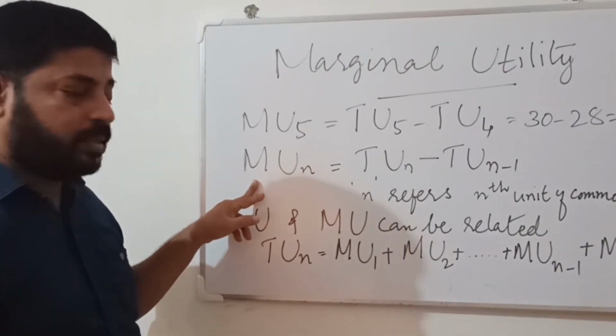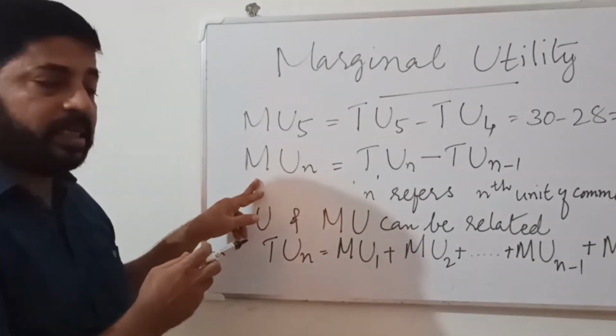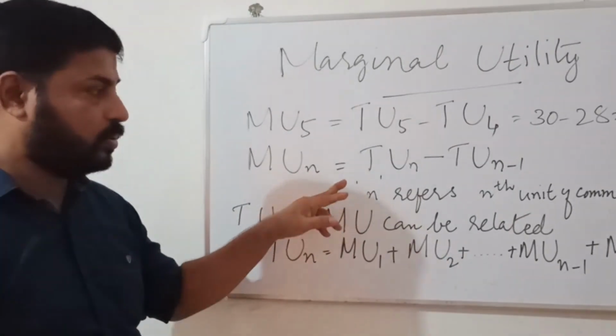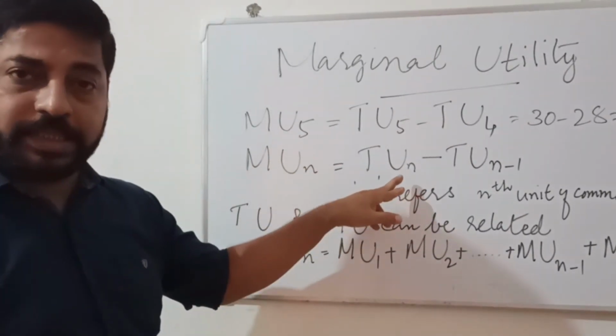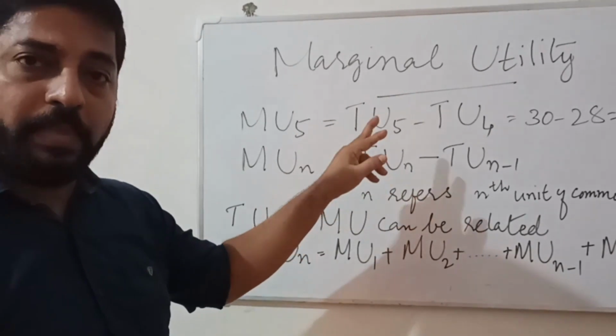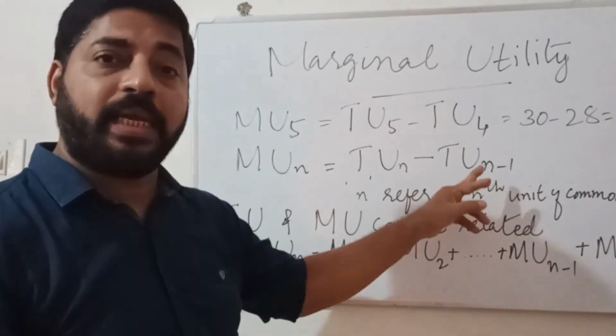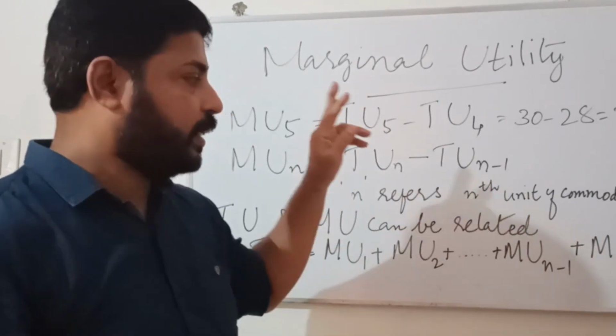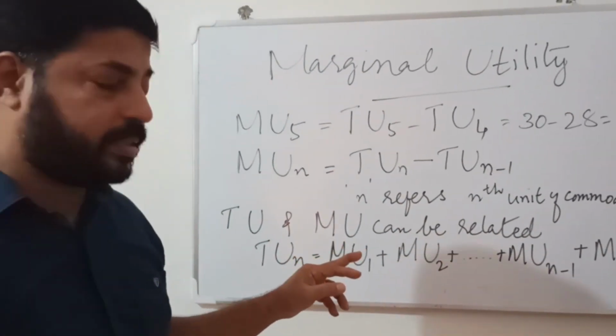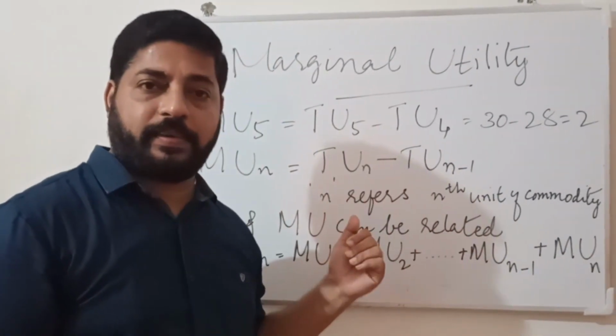MUN, marginal utility N, is equal to total utility TUN minus total utility TUN minus 1. Here N refers to the nth unit of the commodity.